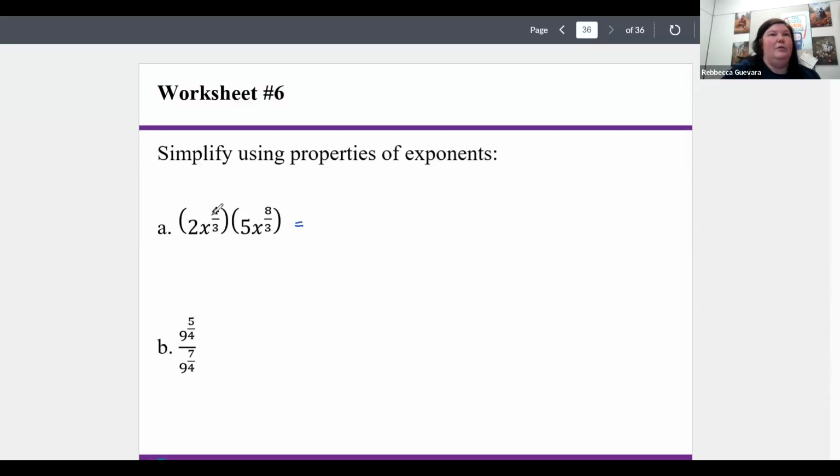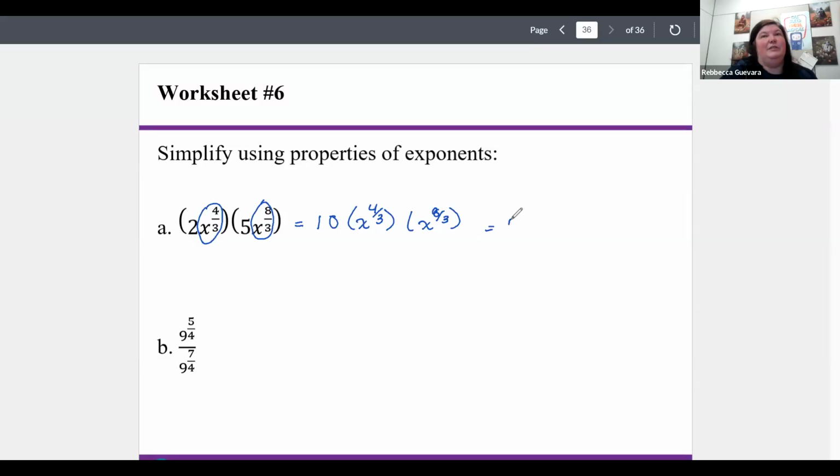Okay, so what we're going to see here is that only the x has the exponent on it. That's the only part that we have to worry about converting. So we have 2 times 5, that's 10, times x to the 4/3 times x to the 8/3.